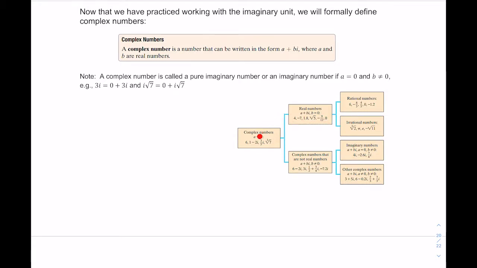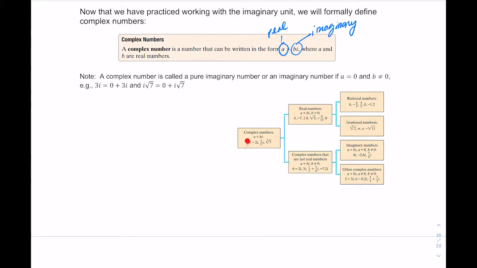But they're actually complex numbers. They just don't have an imaginary part to them. When you have a plus bi, the a is known as your real part, and the bi is known as your imaginary part. And it's easy to recognize this because the part with the i, for imaginary, would be the imaginary part. The other part's the real.